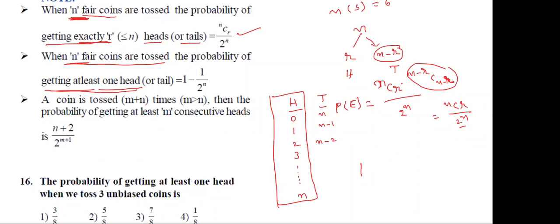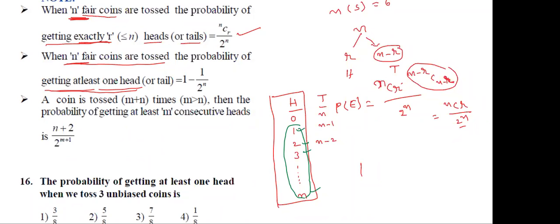At least one means we can get either 1 or 2 or 3 or 4, 5, 6 and so on. These are all conditions. So this is case 1, case 2, case 3, and so on. There are a number of cases. That's why I am going for the reverse method.